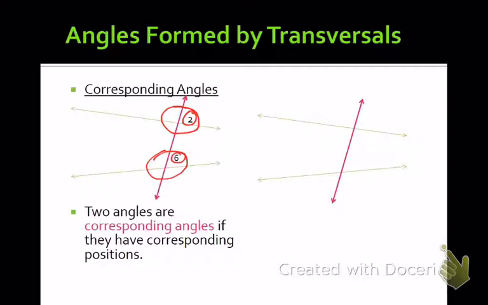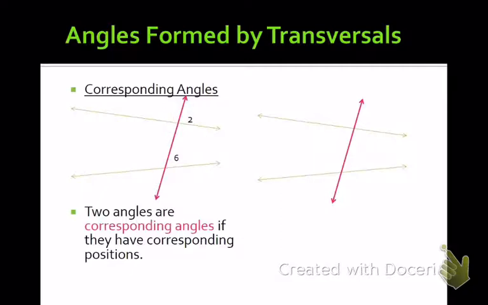So angle 2 and angle 6 are your corresponding angles. They're not the only ones. If I put a 1 here and a 5 here, then 1 and 5 would be corresponding. Or 3 and 7 would be corresponding. Or 4 and 8 would be corresponding. They're in the same position in the Foursquare court.